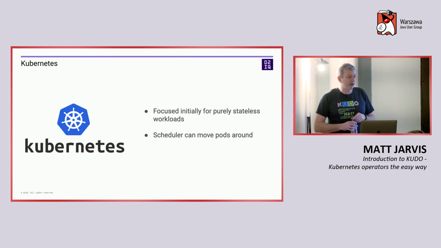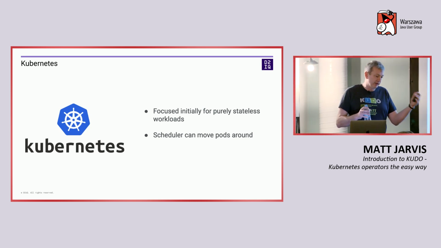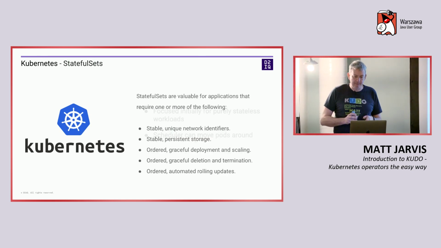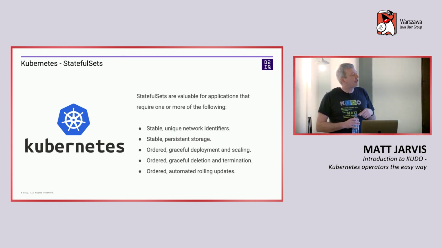But that doesn't work so well for stateful apps, which tend to like their storage and their networking not to change during operation, unless we handle that in a very specific operational way, as we talked about a second ago. So in order to try to handle the complexities of stateful applications, Kubernetes added this idea of stateful sets.